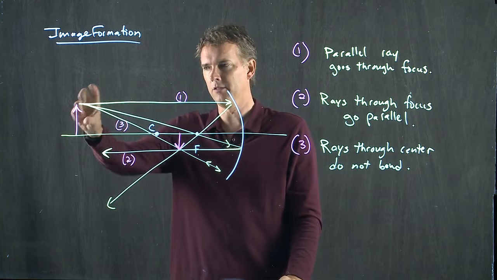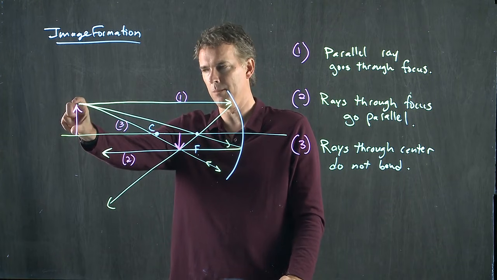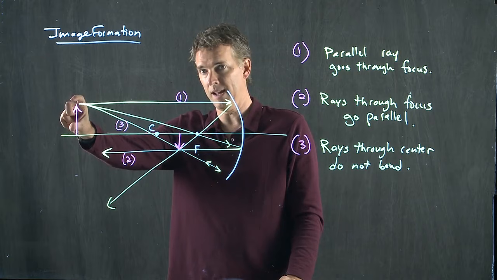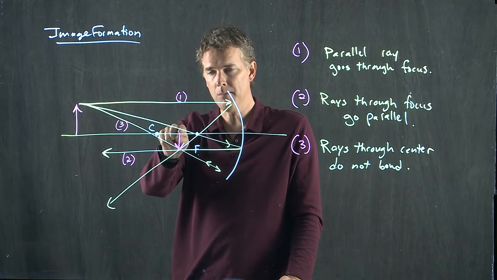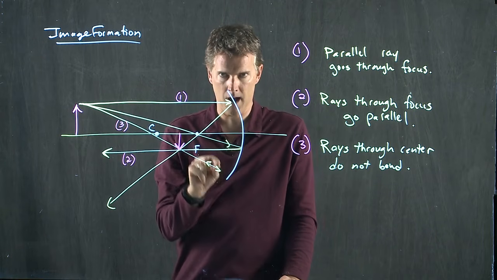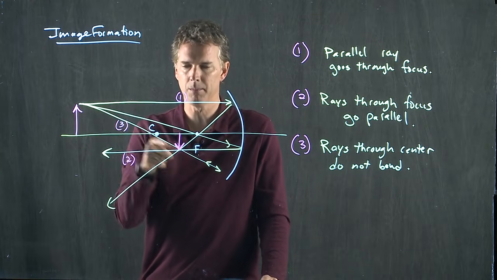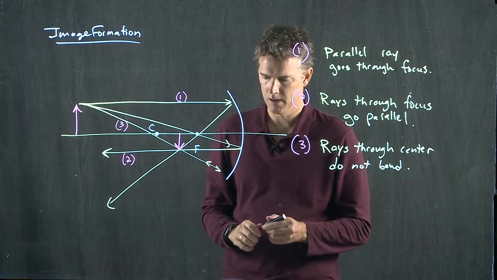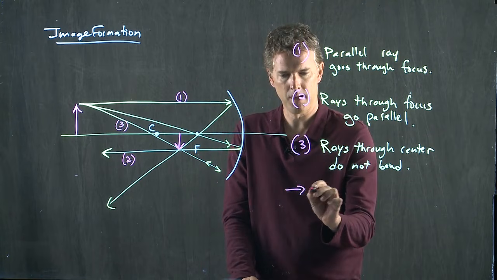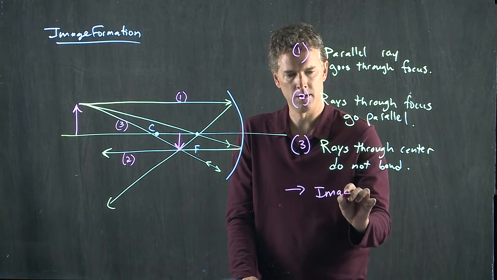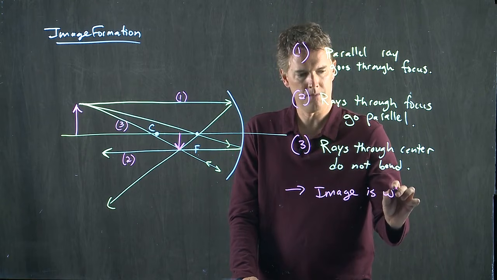So this is a nice way to draw it. When you draw the object and you put it on the base of the optic axis, its image still has its base on the optic axis. And so all you really need to figure out is where's the tip of the image. And so this is the final point. Image is where they meet.